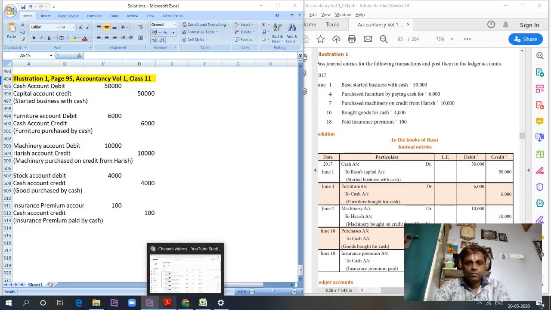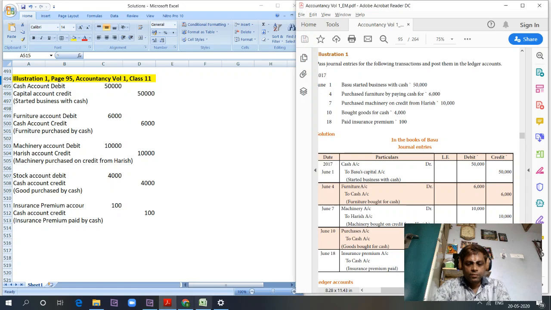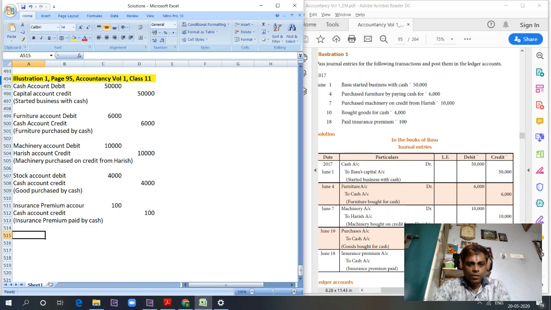Okay, now let's put it into ledgers here. What are the different ledgers that we are going to use here? We're seeing the cash account. Let's put a ledger for cash account.